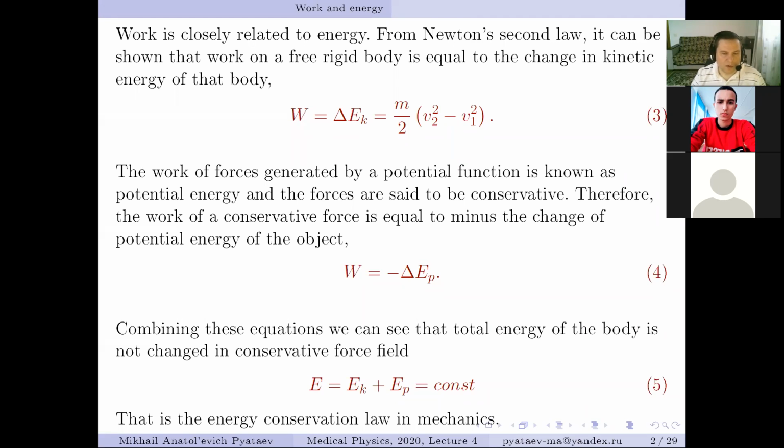And for example, if we consider chemical reactions, then mechanical energy is not conserved. But if we include the energy of chemical reactions into total energy, then it is again conserved. So it is one of the most fundamental laws in physics, the law of energy conservation.